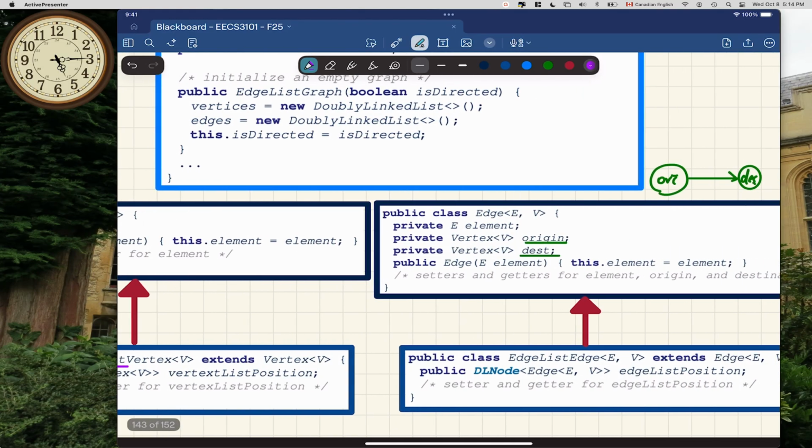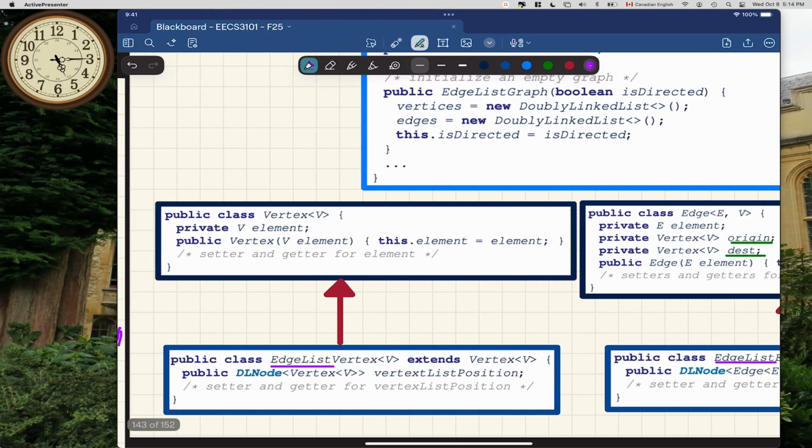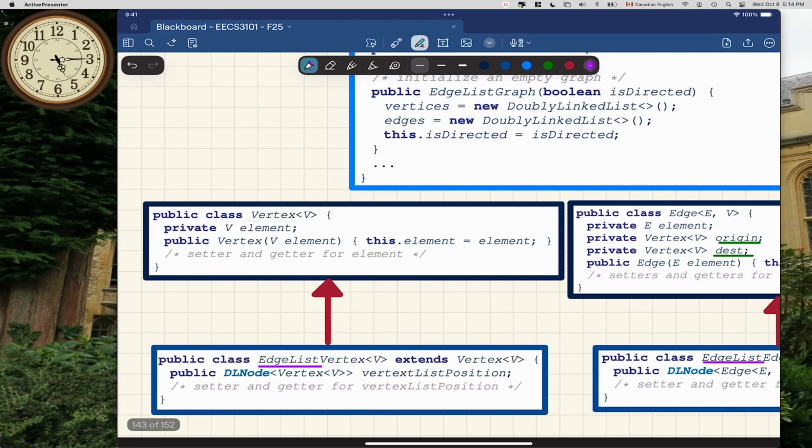And also we got some edge list edge. Just to say something specific about this particular implementation. And then notice that here, think about this reference over here. It's about pointing something to the position. I'll just maybe highlight it.